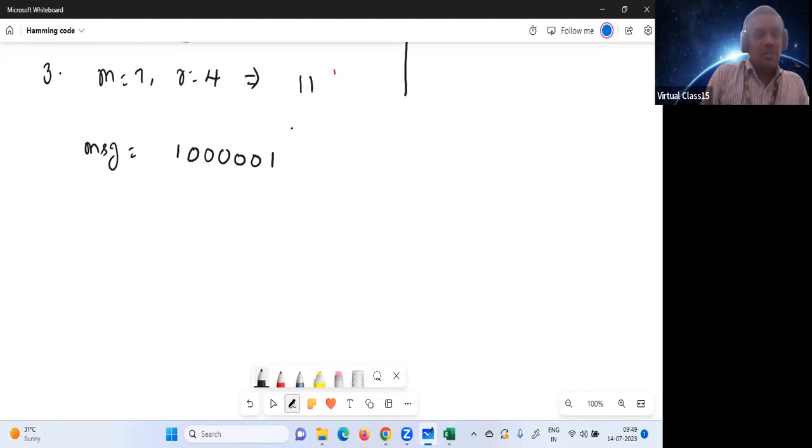How many bits are there? 7 bits of message, so small m, the number of data bits, equals 7. We have already computed that the number of redundant bits should be 4 based on the above formula.